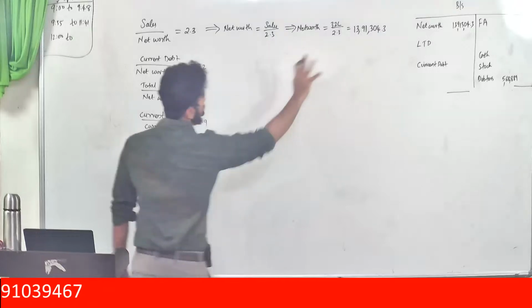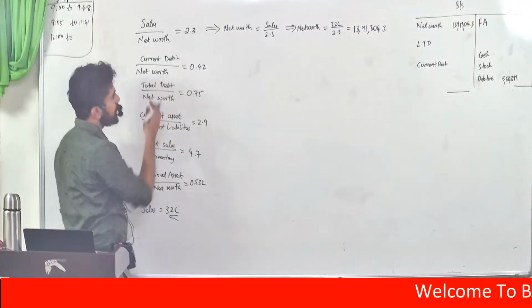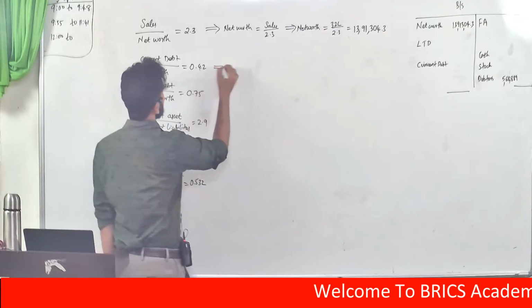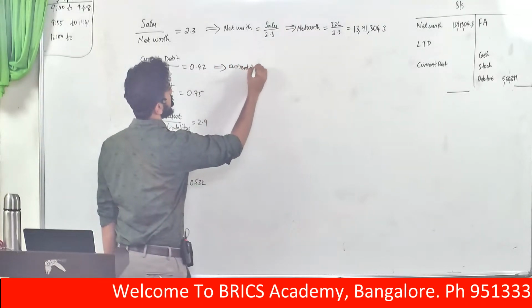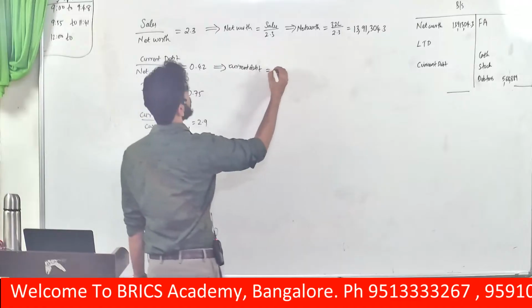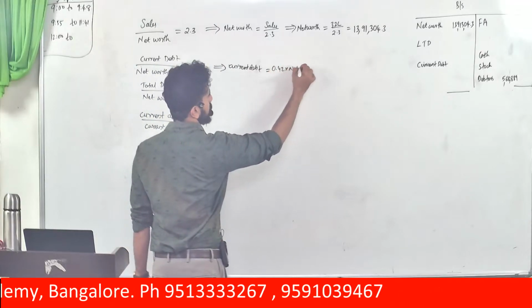Now can we use this to find out current debt? Possible, because we know net worth. Current debt is equal to 0.42 into net worth.